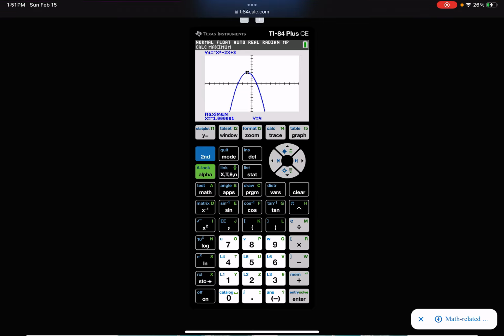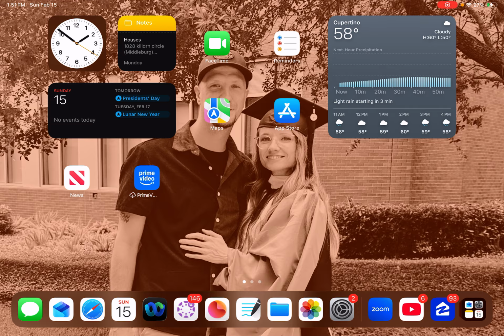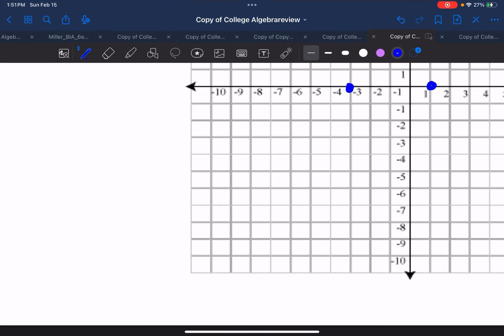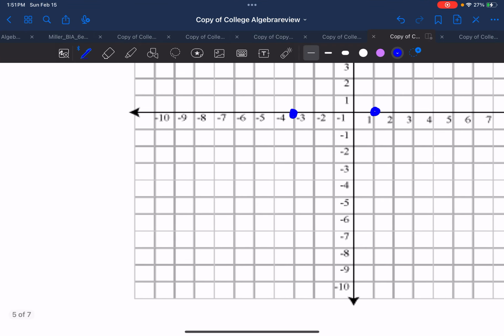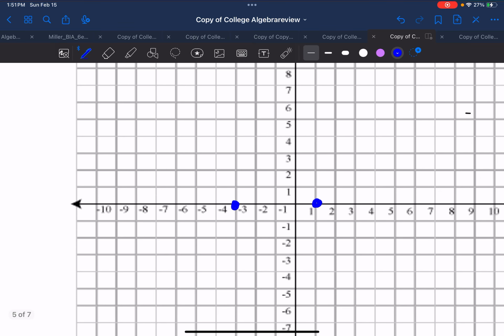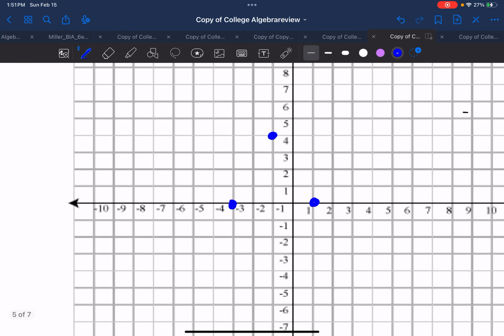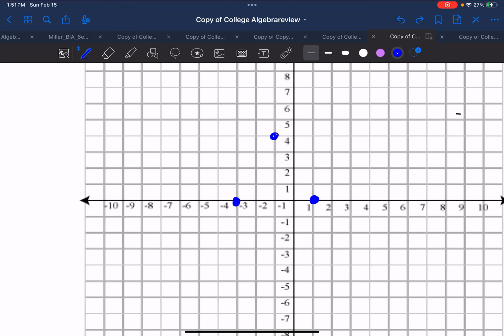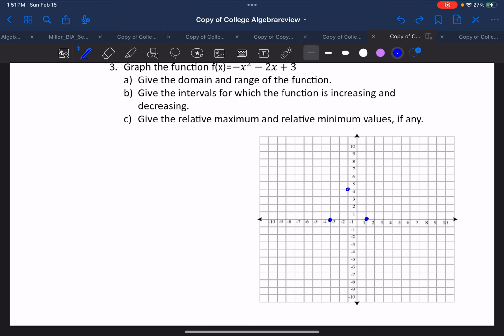So I wouldn't include all of those decimal places with the zeros. So that point would be the point -1, 4, which would be right here. And so I have enough information to graph this. It looks like this.